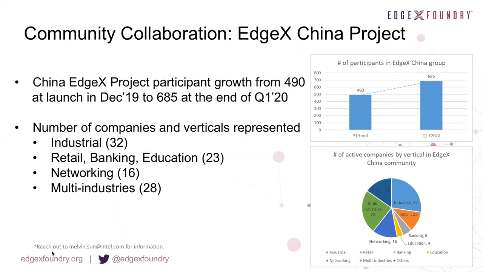Because of the growth that we saw in the ecosystem there, and the companies that were joining, we kicked off this new project in Q4, and it's in local language, and it's obviously China friendly in terms of the timing where they meet. You can see a number of participants and the type of companies that have joined. So across the board, many verticals, and the number of participants has grown significantly within only 1 quarter.